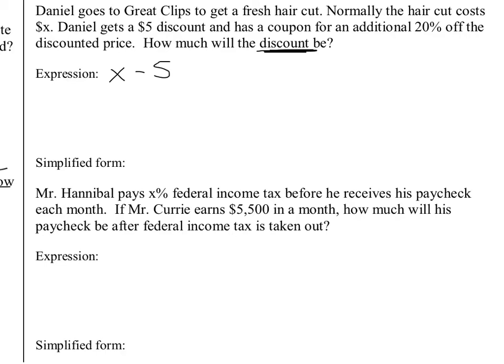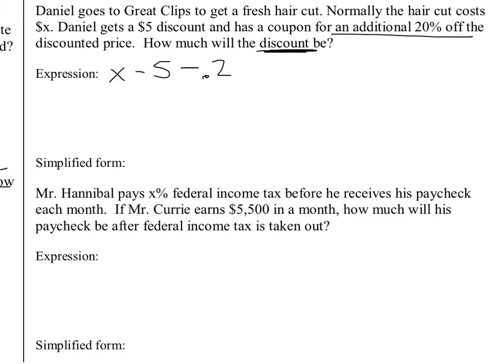Now, we're not done yet because this says there's an additional 20% off. I think all of you immediately go, okay, minus 0.2, and then the question becomes 0.2 times what?